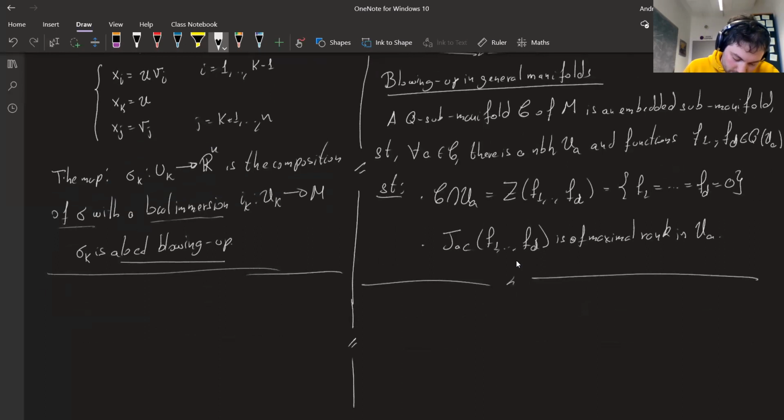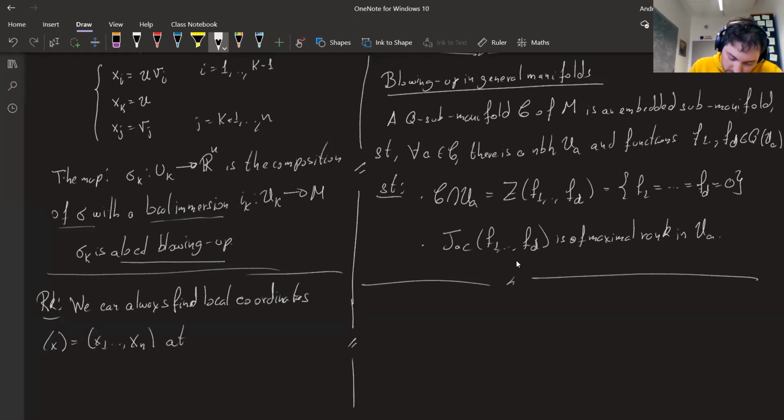So we can always find local coordinates x equals x1, ..., xn at A, such that fi is equal to xi for i equals 1 up until d.